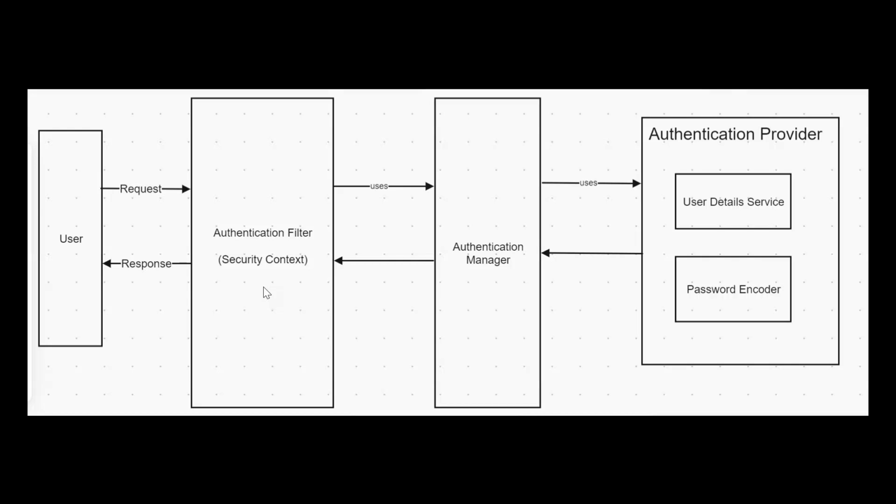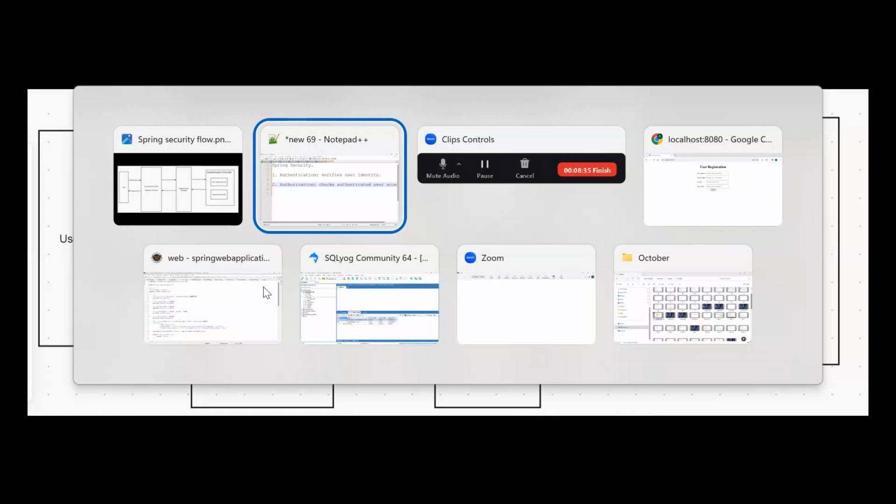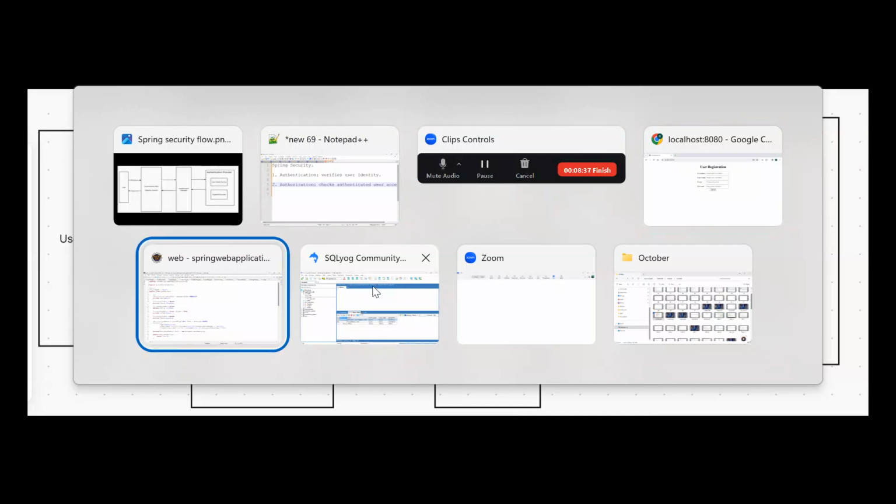In Spring Security, you have to understand these concepts. What are all the classes involved in Spring Security? Authentication filter is one of the classes, and the remaining ones, authentication manager, user details service and everything else, are interfaces. So let me explain in detail.